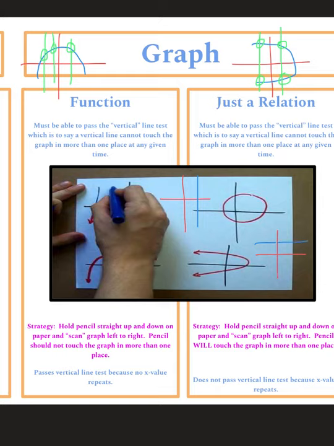So let's see, if I do my vertical line test on this one down at the bottom, it only goes through 1 point. Okay, so this is a function. The other one, if I do a vertical line test, well, notice that whole vertical line is on top of that picture, which means it's going through that picture an infinite number of times, so it is not a function.